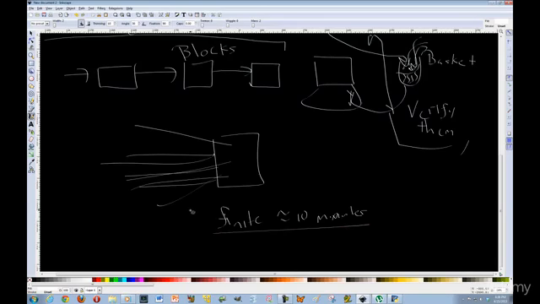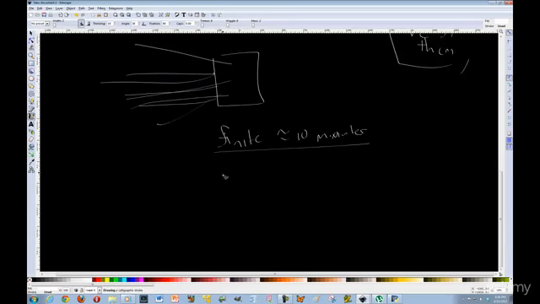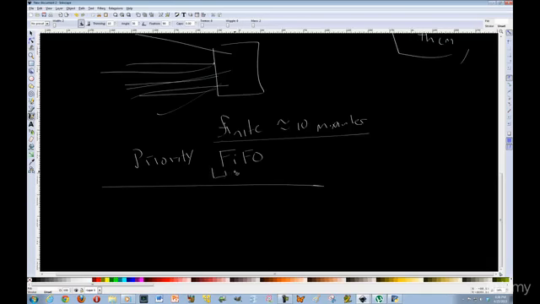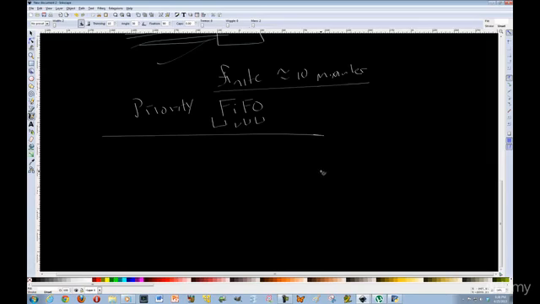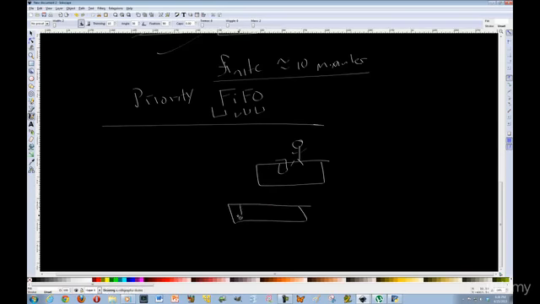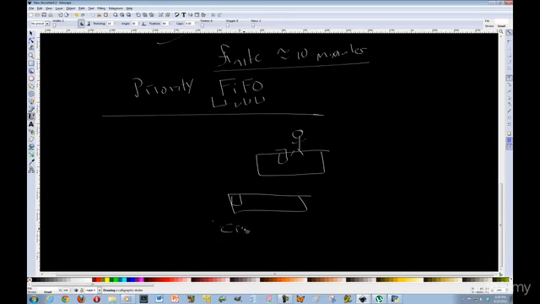And so there's what's called a priority FIFO queue. And that's just a technical term for first in, first out. And think of that like a supermarket. So we have our cashier here, and we'll have a crappy magazine right here.